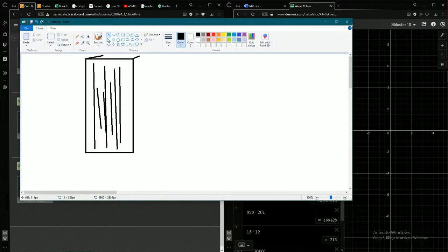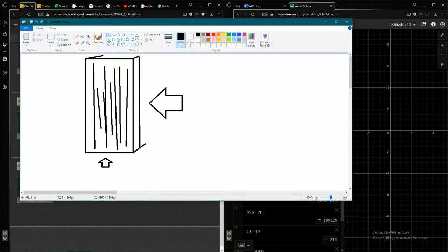Pretend this is like a bundle of drinking straws. Wood is significantly stronger along the vertical direction, against these straws, than it is from this way. So a force from this direction impacts wood a lot more than a force from this direction. The wood's compression strength this way is way stronger than this way, if you didn't know.